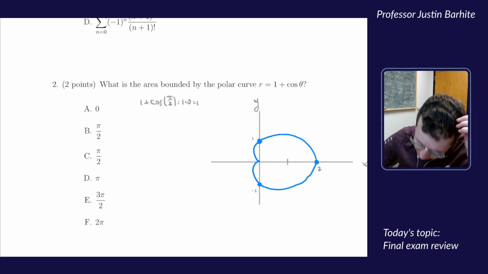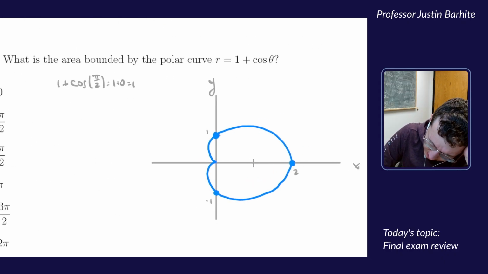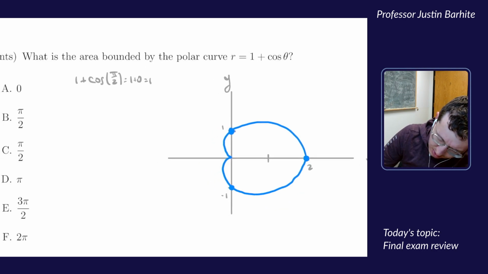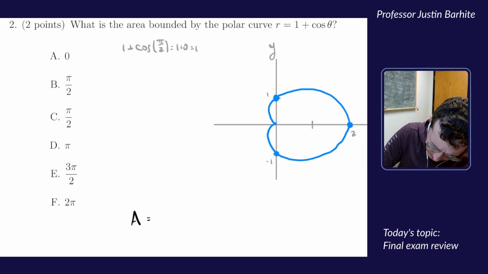Okay. So, to find the area, I'm going to integrate over the interval from 0 to 2 pi with respect to theta.